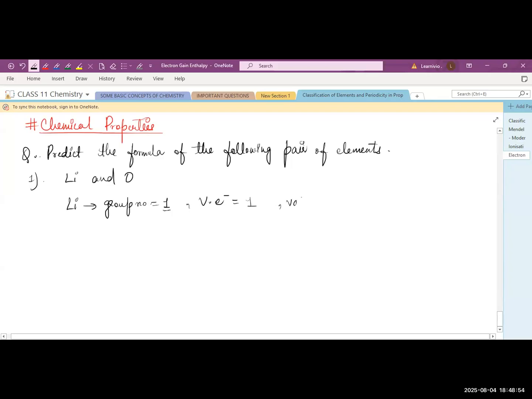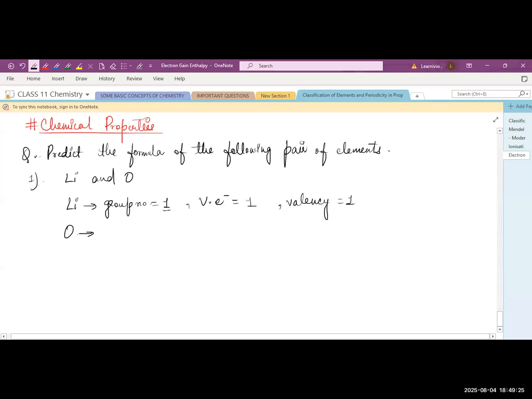Now we know that valency will also equal 1. If the valence electron is equal to or more than 5, we should subtract it from 8. Valency is equal to 8 minus the valence electron in that case, right? But here the valence electron is less than 5, so the valency is equal to the valence electron.